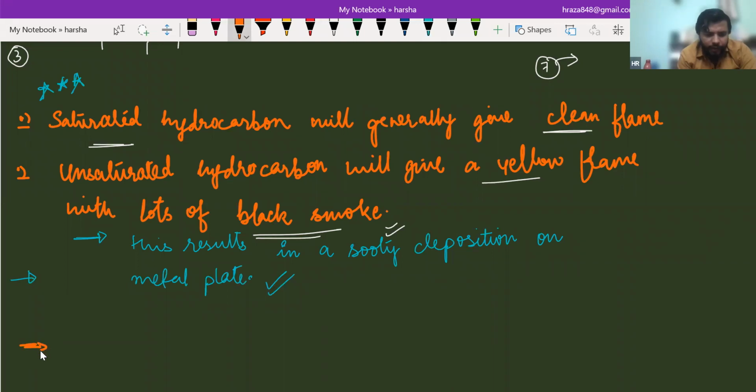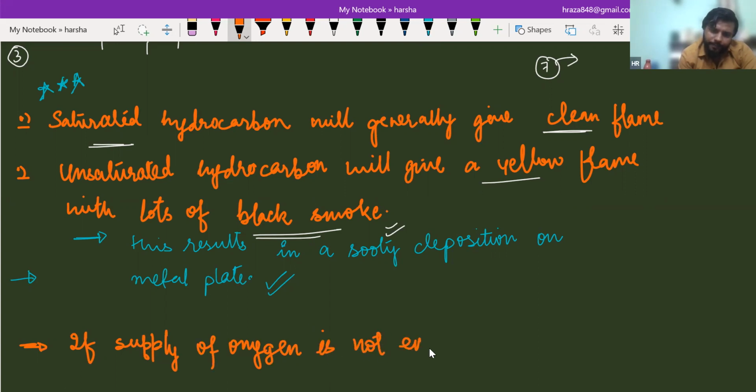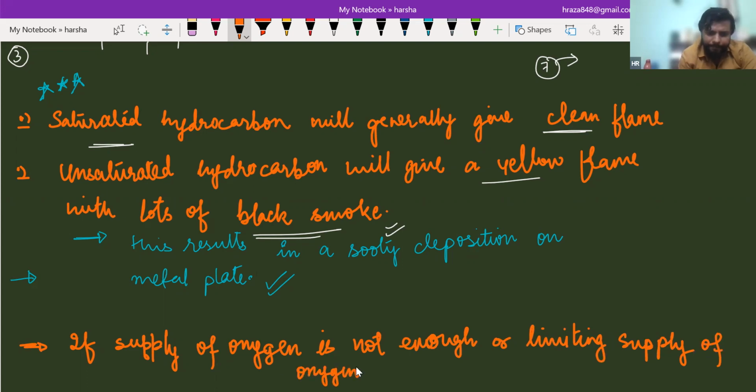Now the next point I want to write: if supply of oxygen is not enough, or limiting supply of oxygen, then there will be incomplete combustion.